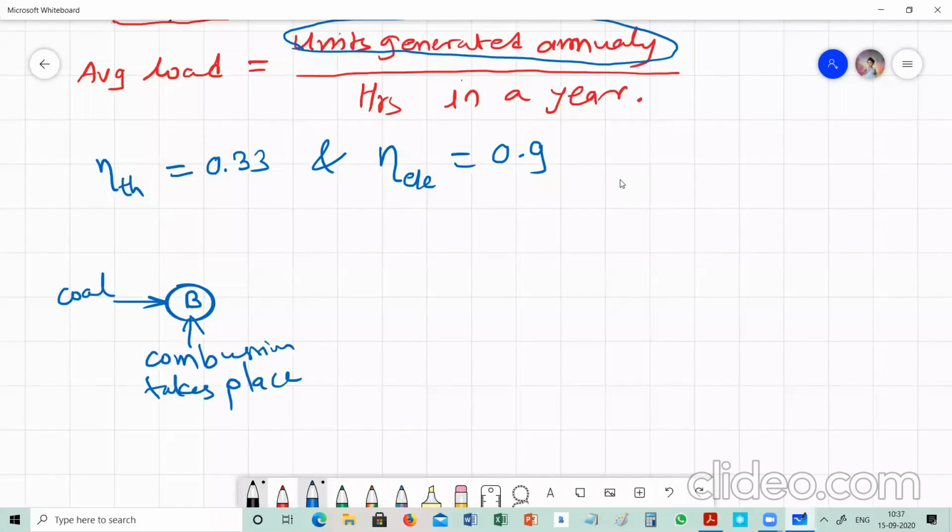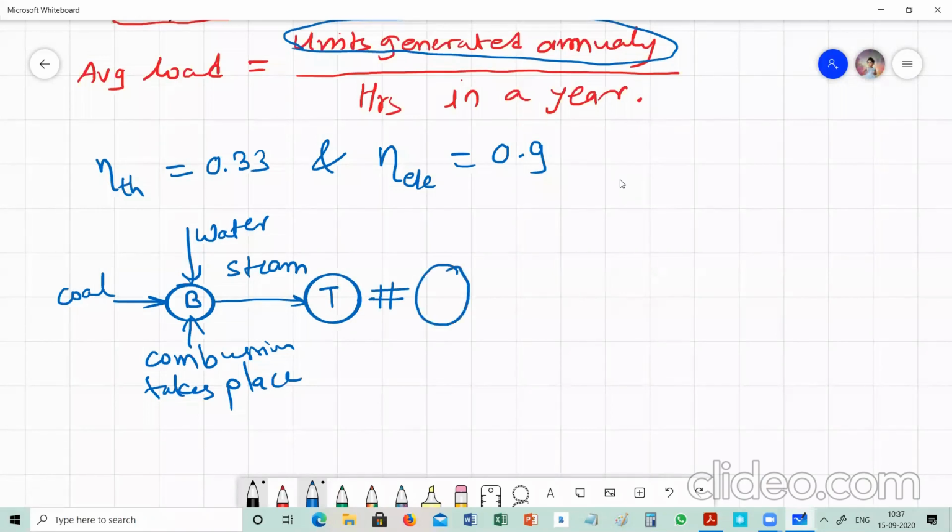The second input is the water. Because of this combustion, heat is produced and water heats up, so its output is steam. This steam is given to a steam turbine, and this steam turbine is mechanically coupled to a generator.